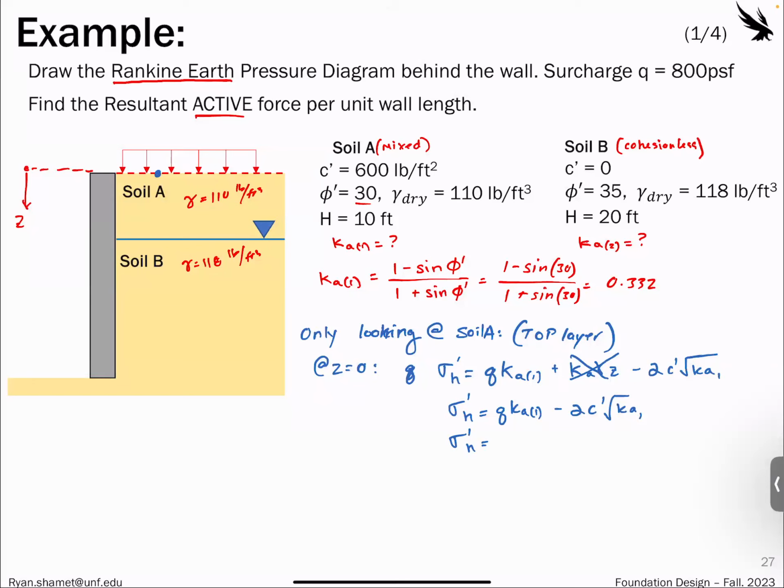So this would equal 800 PSF times Ka, which was 0.332, minus 2 times the cohesion, which was 600 pounds per square foot, times the square root of 0.332.